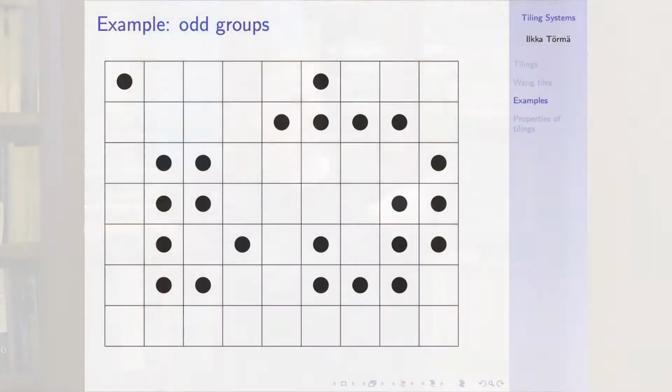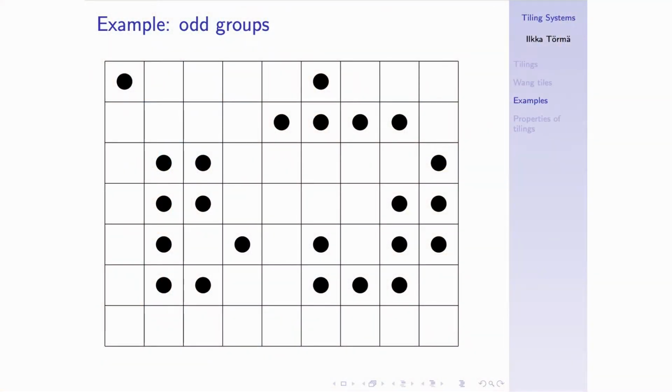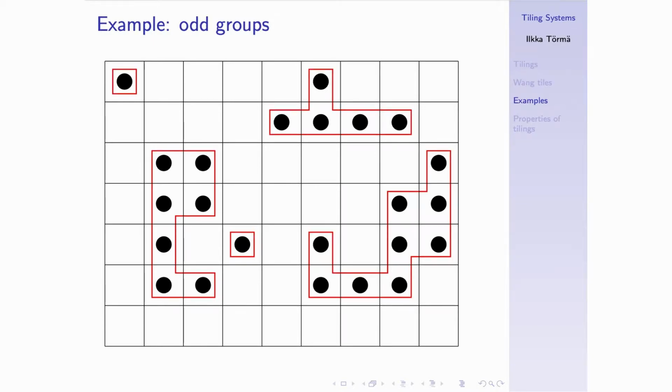But this was for some time an open problem whether this could be done. I'm not showing the tiles here because there are many of them. But here's an example of the odd groups system, and here are the groups of odd size. It's a group of 7 dots and 5 dots and a couple of 1-dot groups.